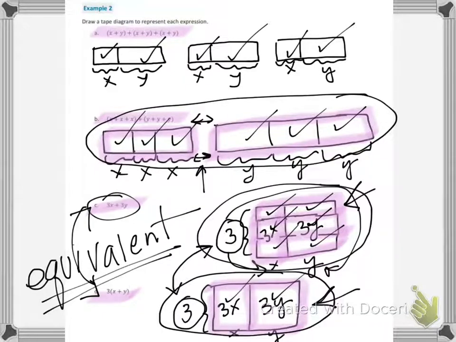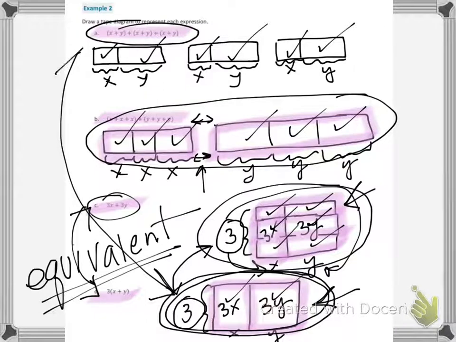They are going to give us equivalent problems, because we can write these sums up here as products down here. So sums as products and products as sums.